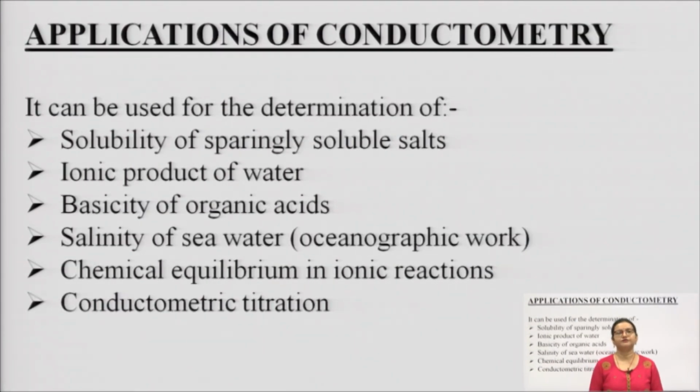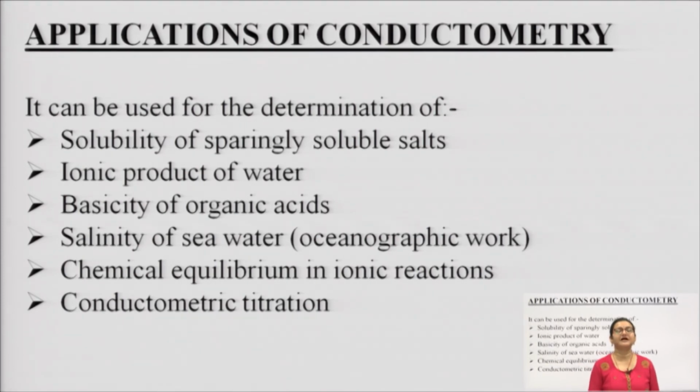Applications of conductometry. It can be applied to the determination of the solubility of sparingly soluble salts, the ionic product of water, the basicity of organic acids, the salinity of sea water in oceanographic work, chemical equilibrium in ionic reactions, and conductometric titrations as well.